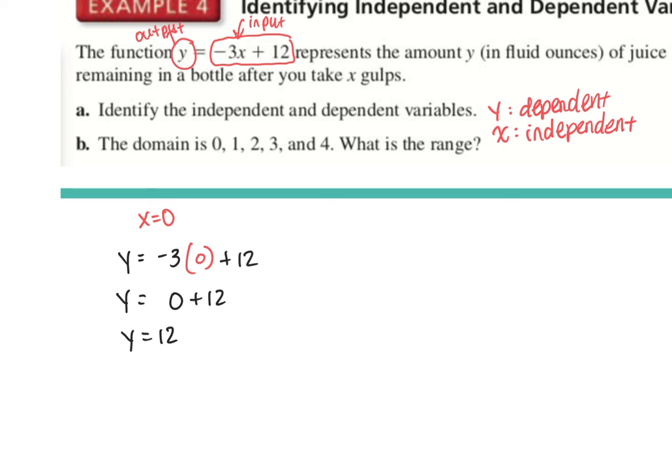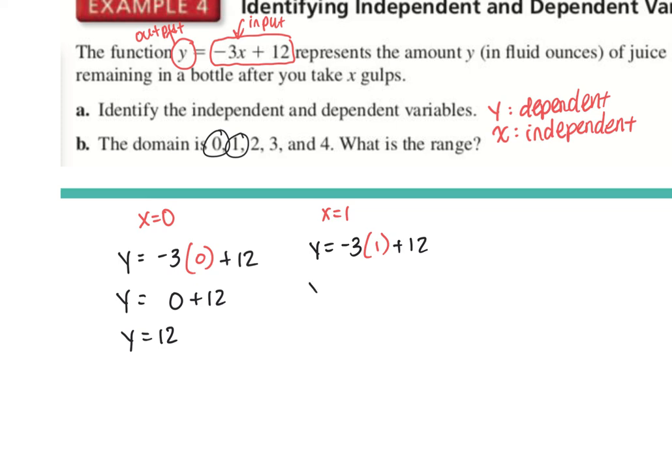Let's see what happens when x equals 1. Y equals negative 3 times 1 plus 12. All I'm doing is taking these values from my domain and plugging them into my original equation, which was y equals negative 3x plus 12.